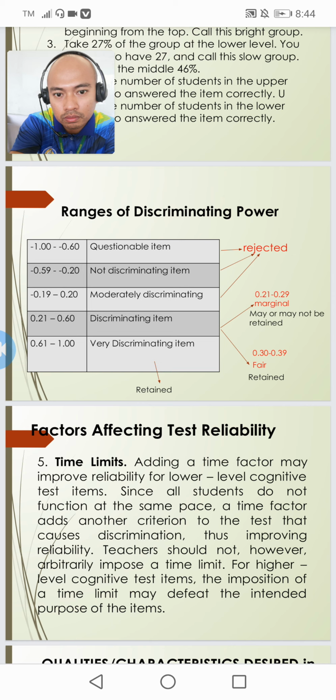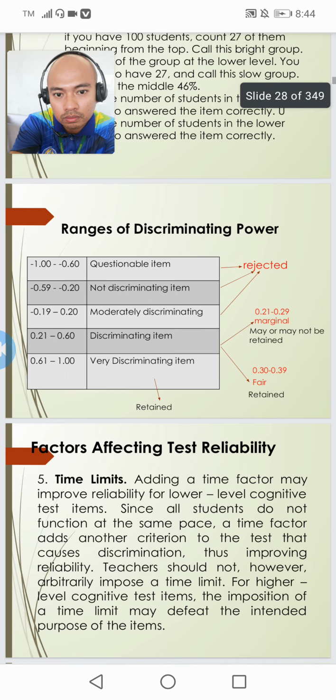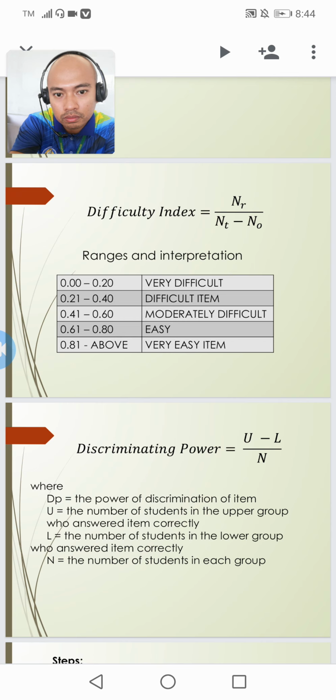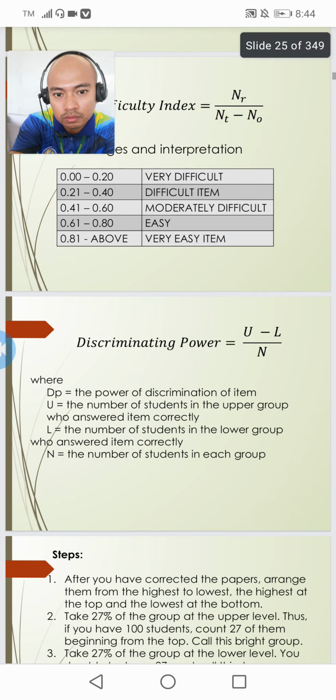So this is discriminating power. So for your next activity, for today's meeting, I want you to go back with the previous activity given to you when you have computed the discriminating or difficulty indices of the items presented. You will also compute the discriminating power of those items.